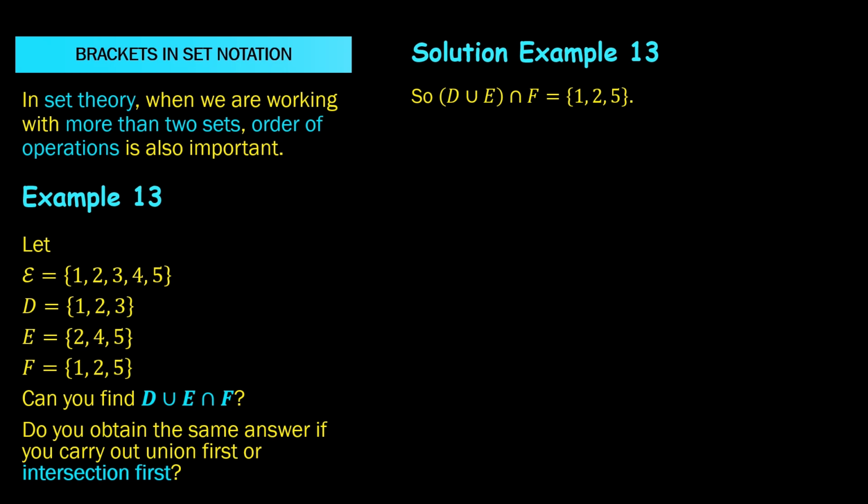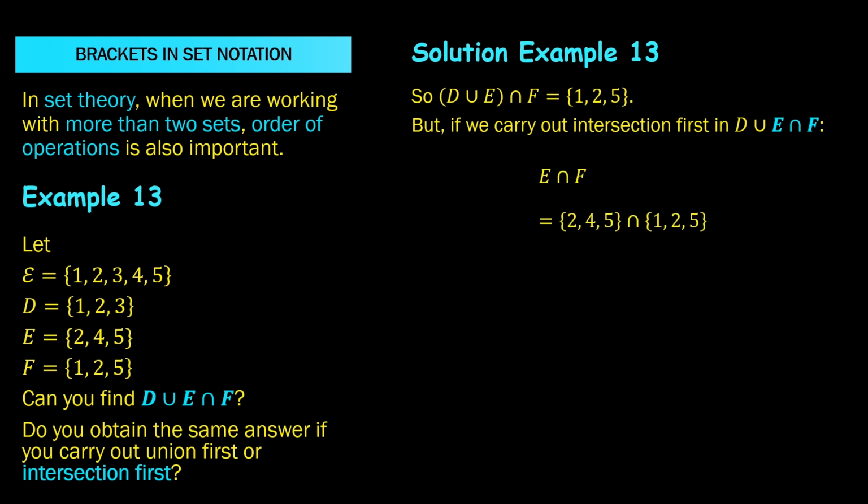But if we carry out the intersection first in D union (E intersect F), we have E intersect F equals {2, 4, 5} intersected with {1, 2, 5} to give us {2, 5}, since 2 and 5 are common to both sets.